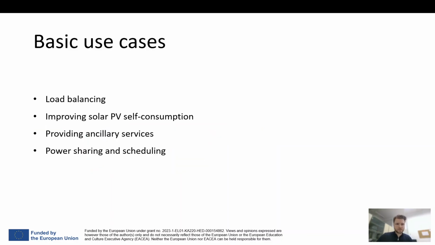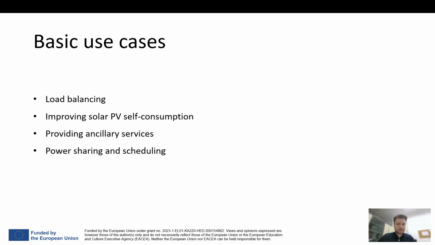And these are the basic use cases that we are going to introduce. So when we talk about smart charging, we cannot go further without talking about load balancing, improving solar PV self-consumption, providing ancillary services, and power sharing and scheduling. Most of these use cases or functionalities are already built into various electric vehicle supply equipment.